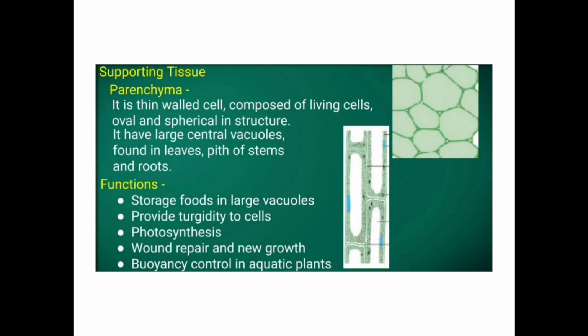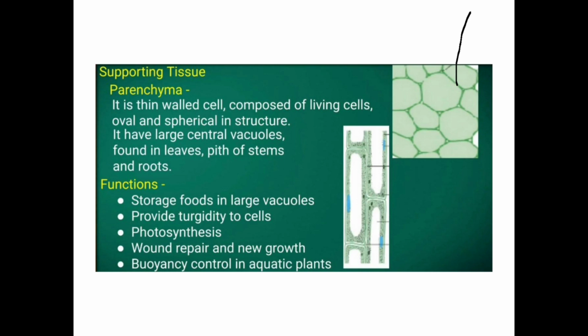It has a large central vacuole and is found in leaves, stems and roots. So parenchyma is a simple tissue having central vacuoles, and it is present in leaves, stems and roots.